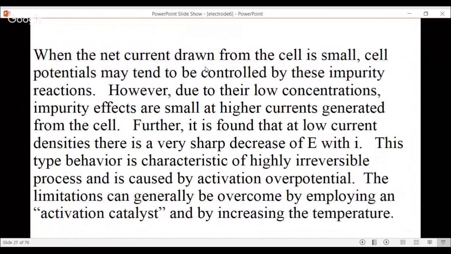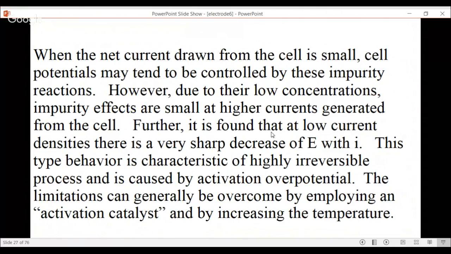When the net current drawn from the cell is small, cell potentials may tend to be controlled by the impurity reactions. However, due to their low concentrations, impurity effects are small at higher currents generated from the cell. When I draw very high current, it is due to the depolarizer, the electrochemical reaction, whereas when I draw very low current, only the impurities will be reacting.